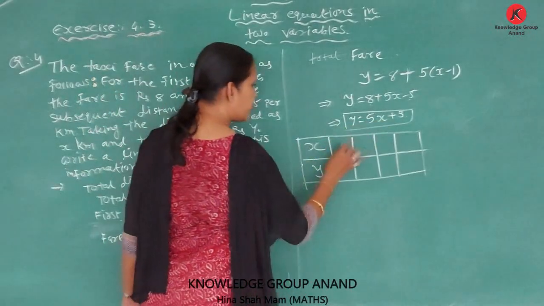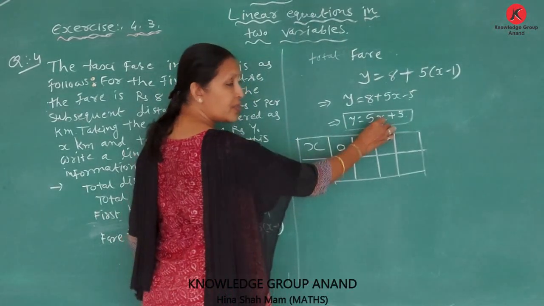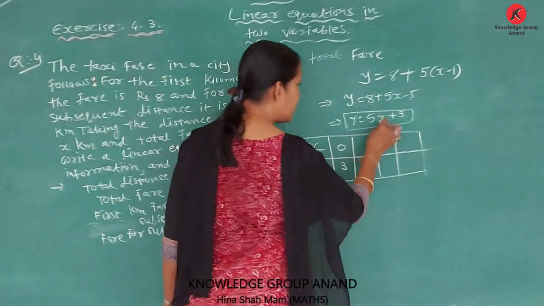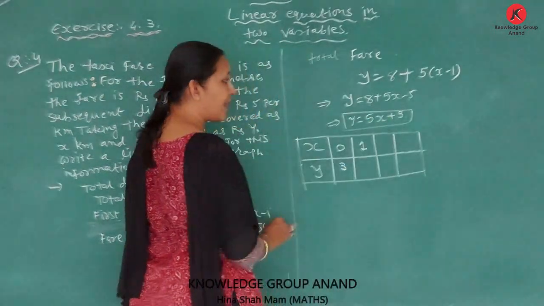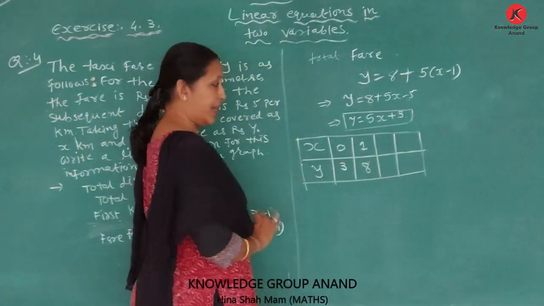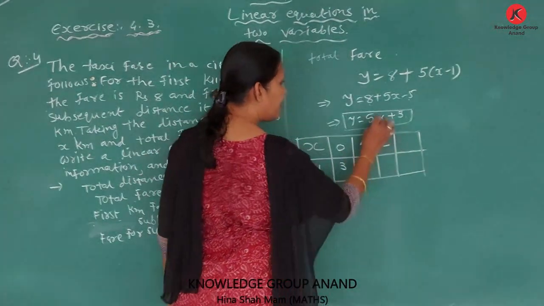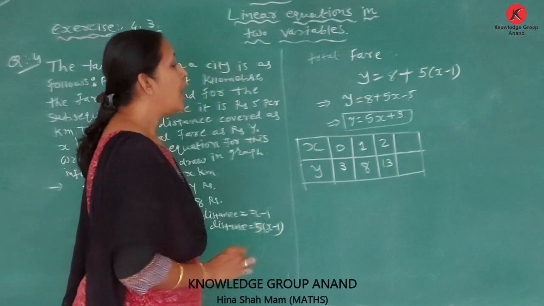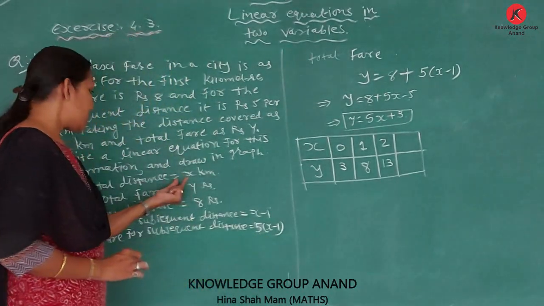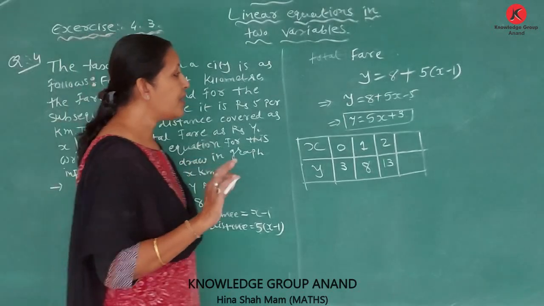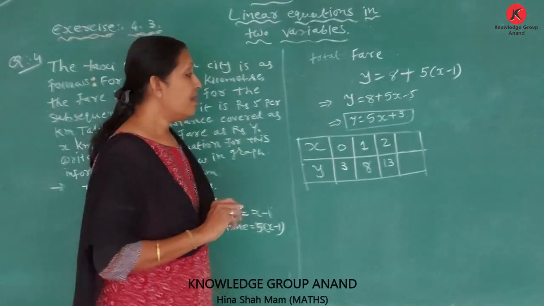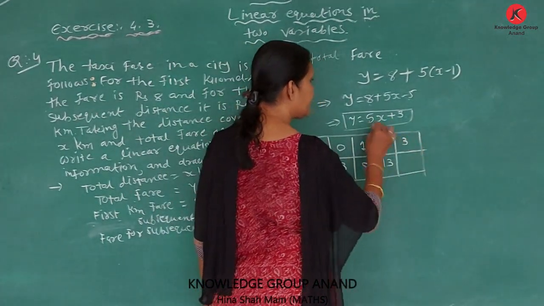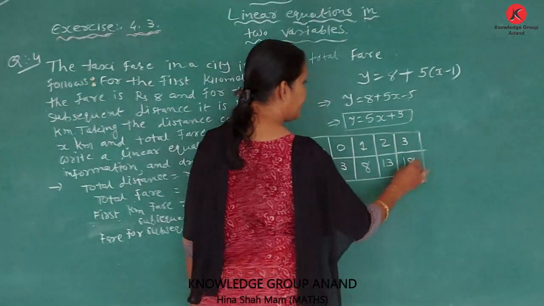Taking x is equal to 0: 5 into 0, 0 plus 3, the answer is 3. x is equal to 1: 5 ones are 5 plus 3 is equal to 8. x is equal to 2: 5 twos are 10 plus 3, 13. x is a distance, and distance is not negative. Then we take x is equal to 3: 5 threes are 15, 15 plus 3, 18.